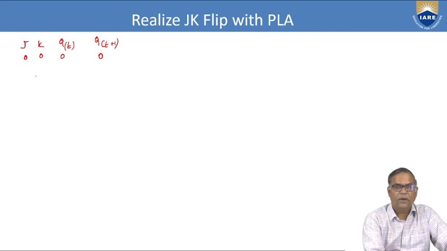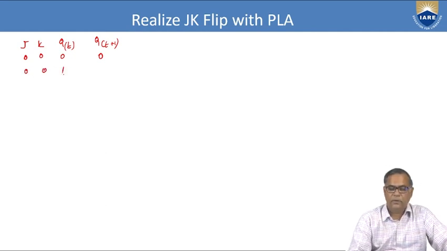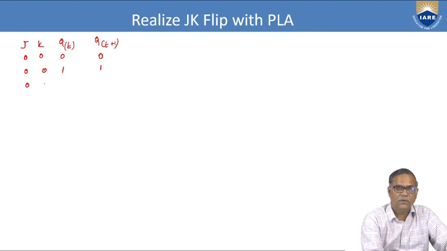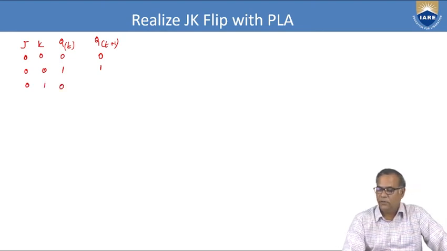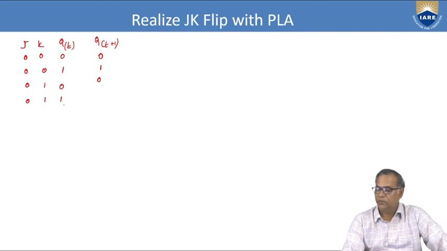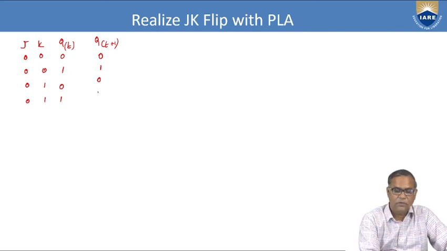When it is 0, 0, 1, you get the output as 1. Next, 0, 1, 0, you get the output as 0. And when it is 0, 1, 1, you get the output as 0.